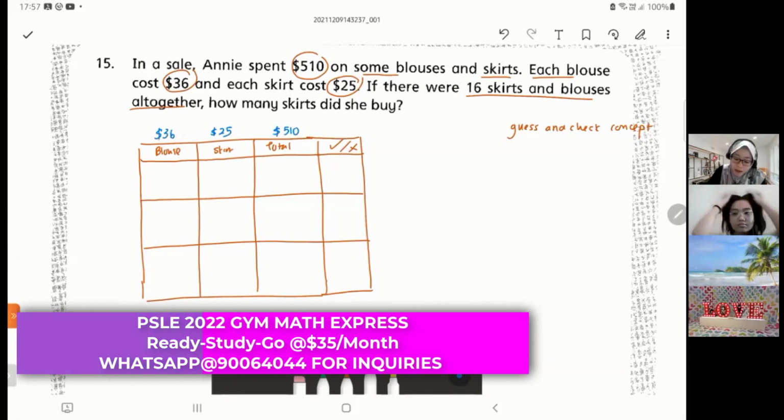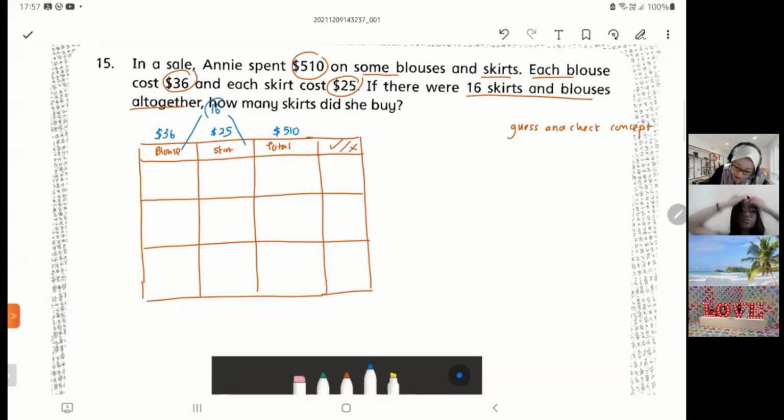Okay. The blouse and the skirt total number is 16, which means I cannot go over 16. All right. So if I have 16, usually how do we start off guess and check is to divide it equally. Okay. So we're going to start off with 8 blouses and 8 skirts.